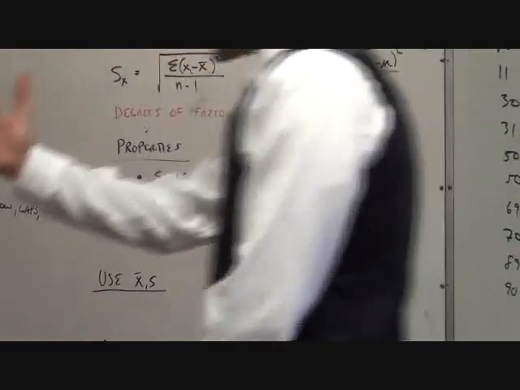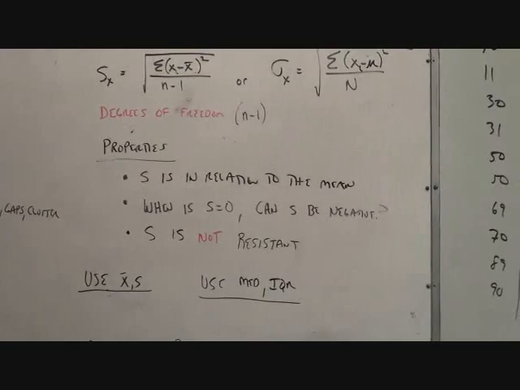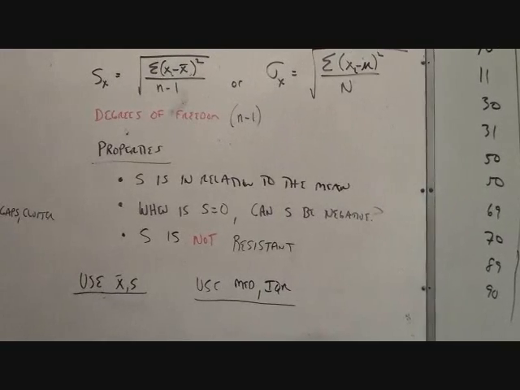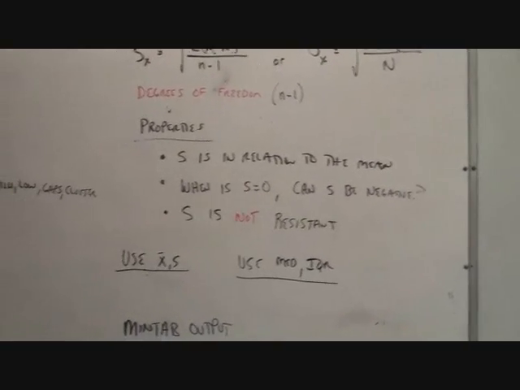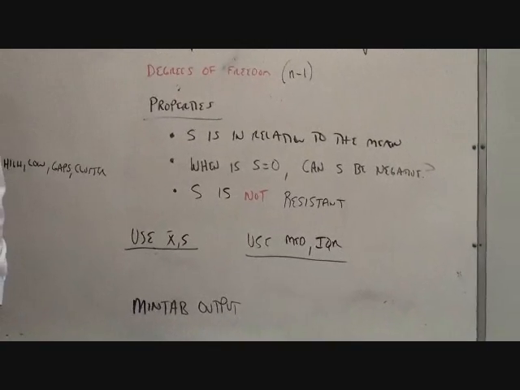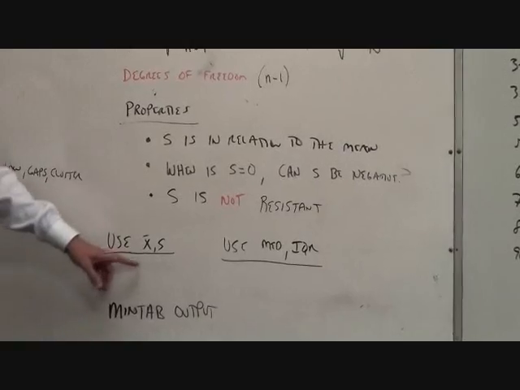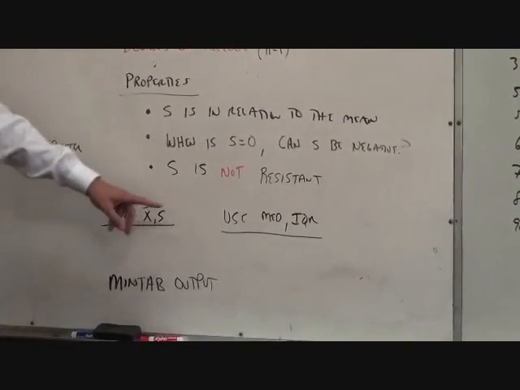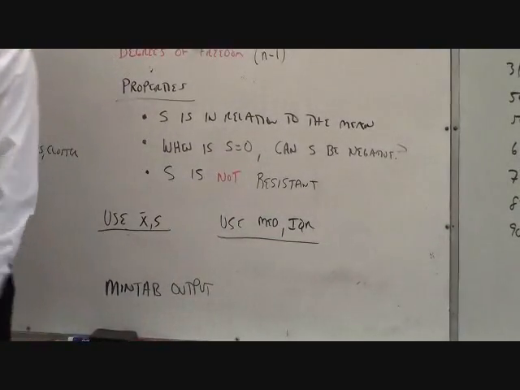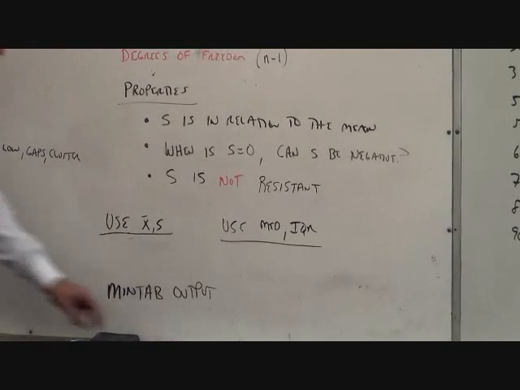Okay, so your job is to describe the data to some people. Well, what do you use? Let's say you're just really trying to use the best statistics you can to describe the data. When would you use the mean and standard deviation? Or when would you use the median and the IQR? Here's kind of the general rule for you.